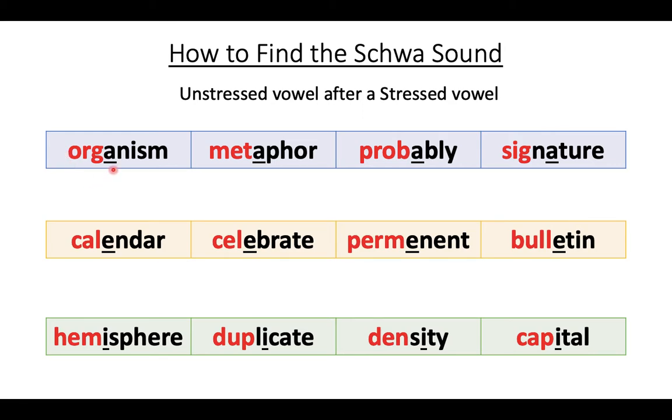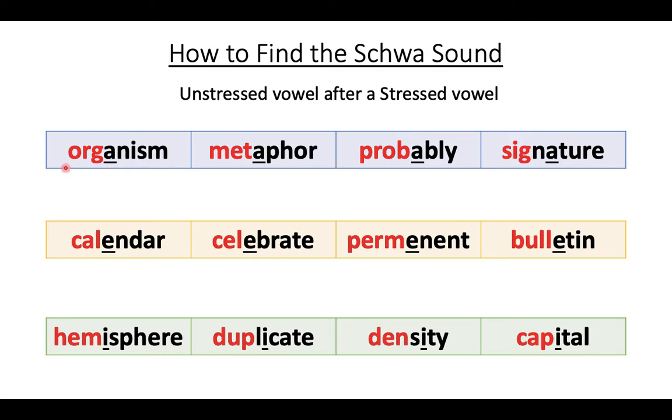The vowel that follows it, which is underlined, that's the schwa sound. And that one is unstressed, so it's a little bit shorter. And even though you may not hear it very well, an English speaker listens for it, and if you don't pronounce it correctly, you might not be understood.